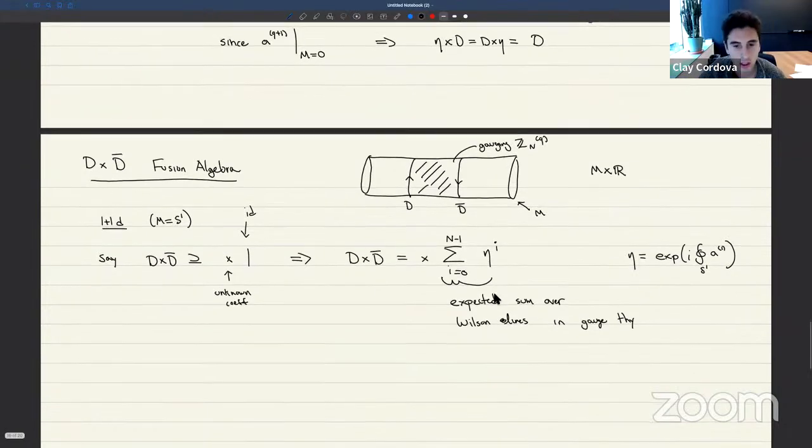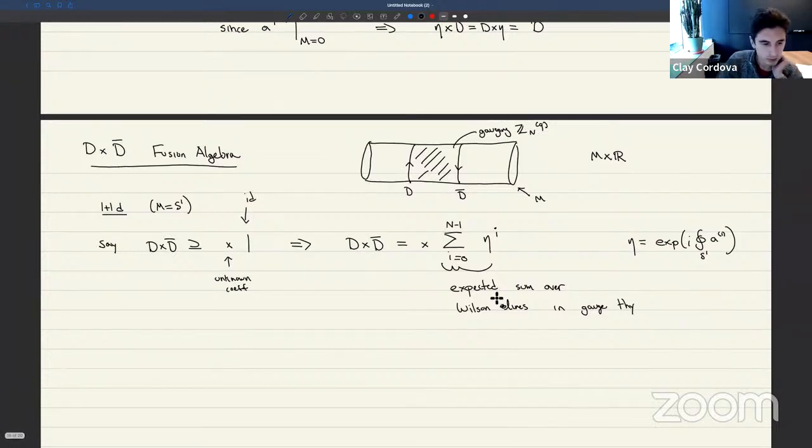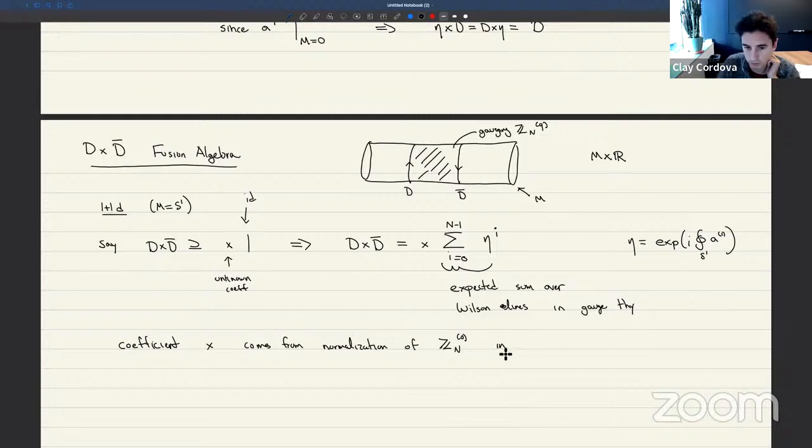Okay, so indeed, continuing with this partition function logic, this coefficient x, what is that? It comes from the normalization of this gauge theory in the slab of the Zn zero form partition function. In this slab geometry.